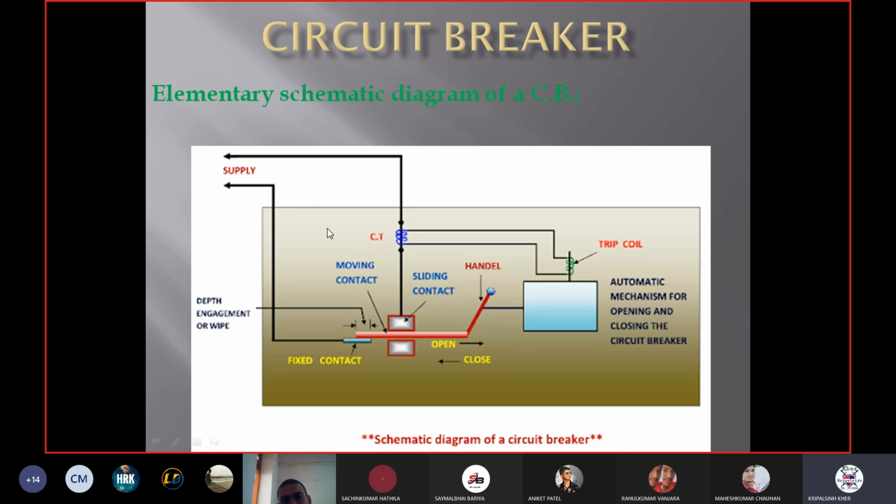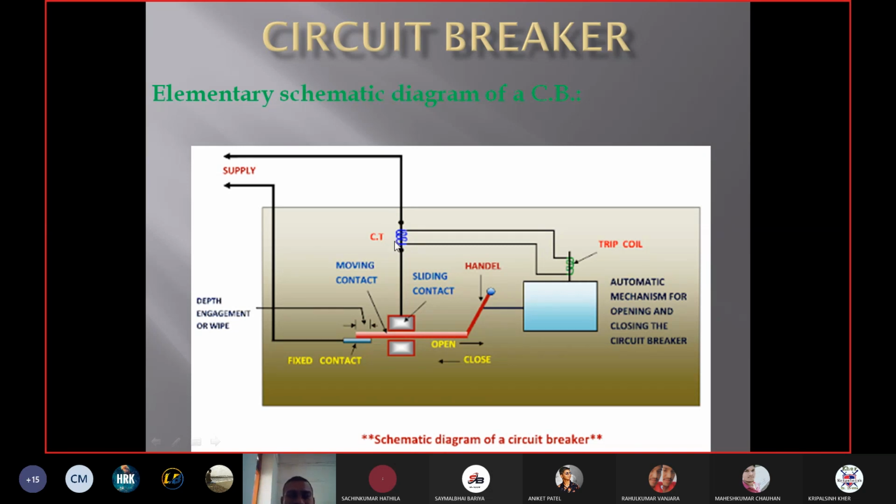Okay, here we are using the CT to sense the supply current. For this CT, this wire is the primary. Now on the secondary side of the CT, the trip coil is connected.